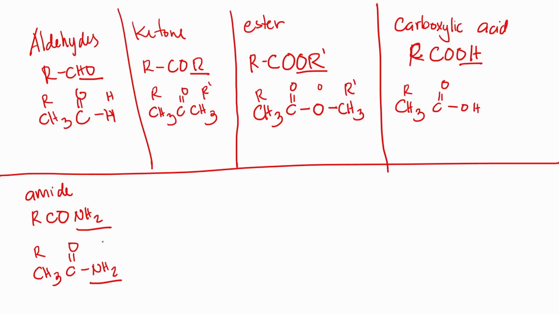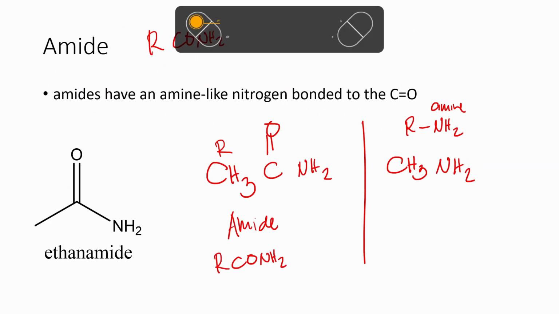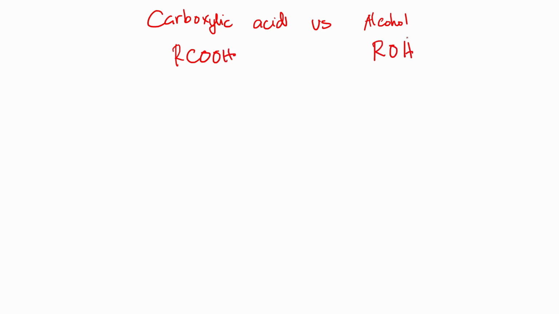Let's have another one to separate carboxylic acids and alcohols, our ether and ester, and our amide and our amine. So let's have carboxylic acid versus alcohol. Carboxylic acid is RCOOH, while alcohol is simply ROH. Let's have R, which is CH3, C double bond O, OH.